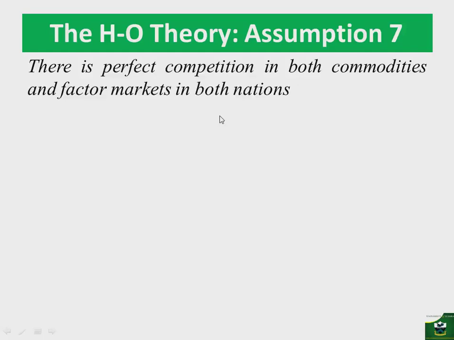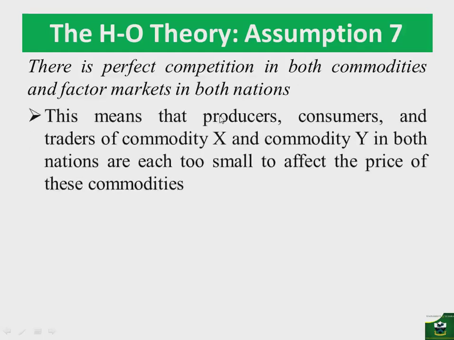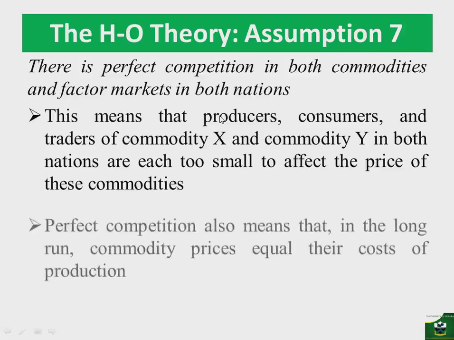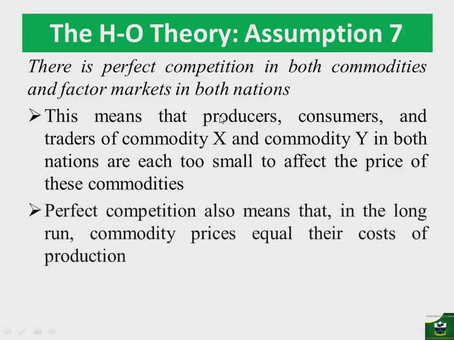So in both markets, there is perfect competition. This means that producers, consumers, and traders of commodity X and Y in both nations are each too small to affect the prices of these commodities. In the same way, perfect competition would also mean that in the long run, commodity prices equal their cost of production.